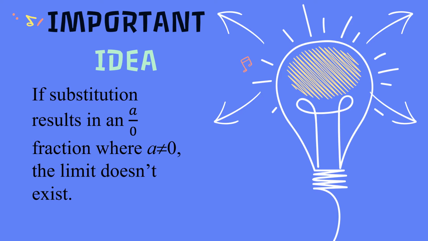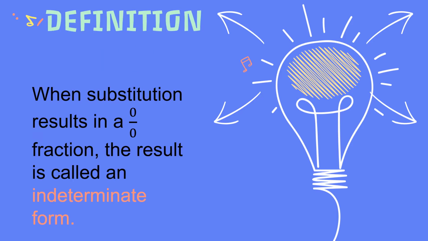If substitution results in an expression a divided by 0, where the value of a is different from 0, the limit does not exist. When the substitution technique results in a 0 over 0 fraction, the result is called an indeterminate form, and we're going to learn how to deal with these indeterminate forms when evaluating limits.